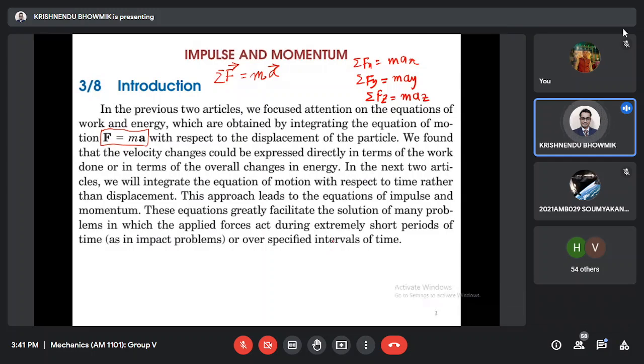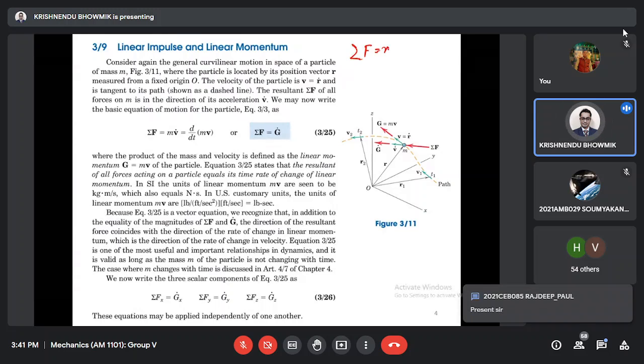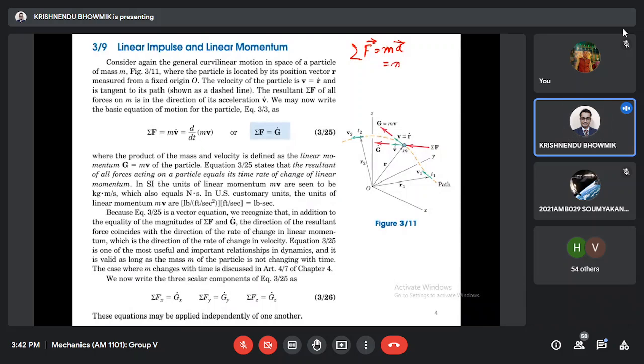Now with this, when summation F equals ma, this acceleration a is basically m dv/dt.